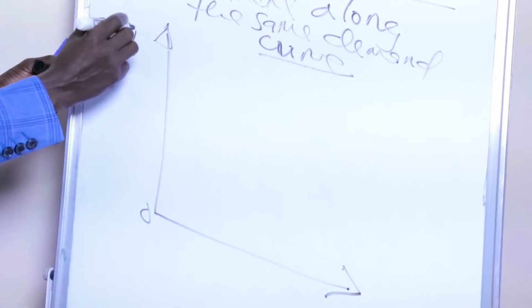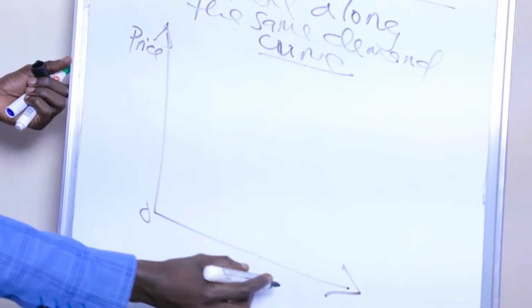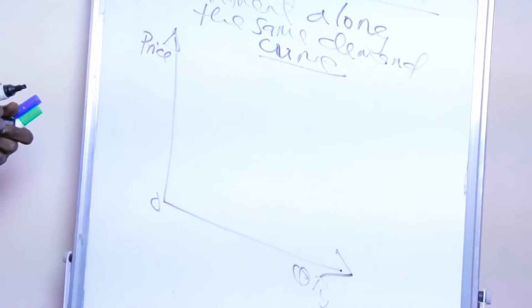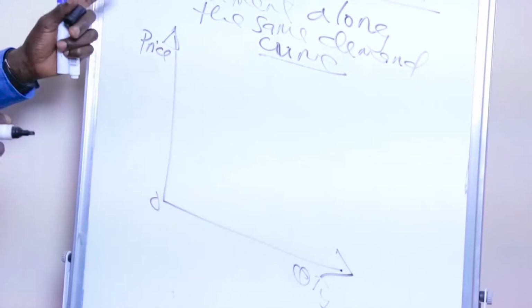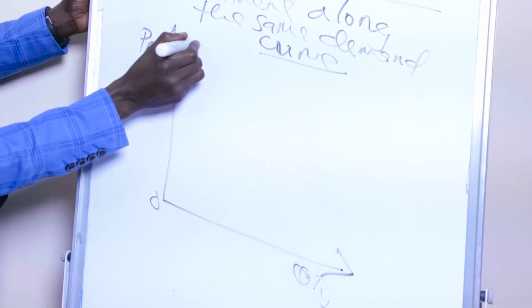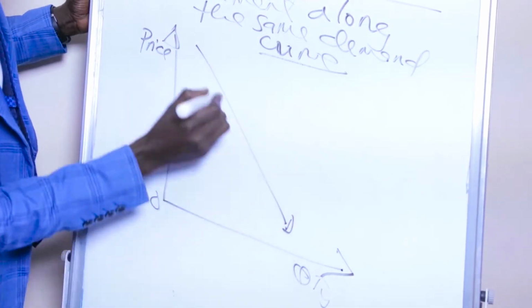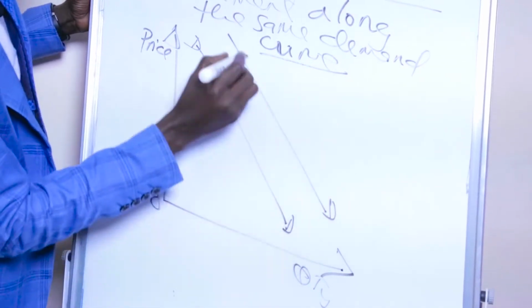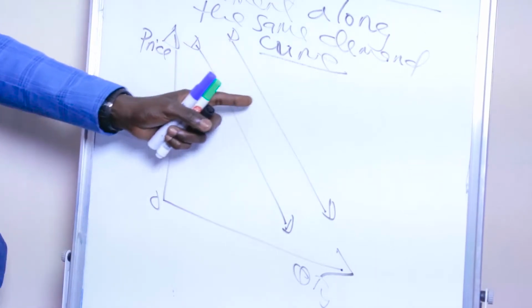We have the price on the vertical axis and the quantity demanded on the horizontal axis, but in this case I am not going to use the quantities and the prices purchased by consumers in the market. I will rather draw a demand curve, and another demand curve, which will imply that the demand curve is shifting.